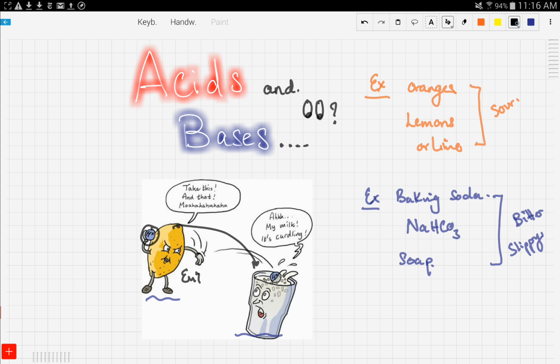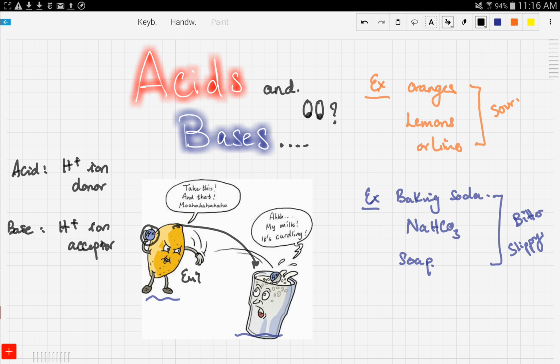So, what's the definition of an acid? As you see from the comic, an acid is an H+ ion donor. It means it gives H+ ions to the base. Now the base is the opposite. A base is an H+ ion acceptor.